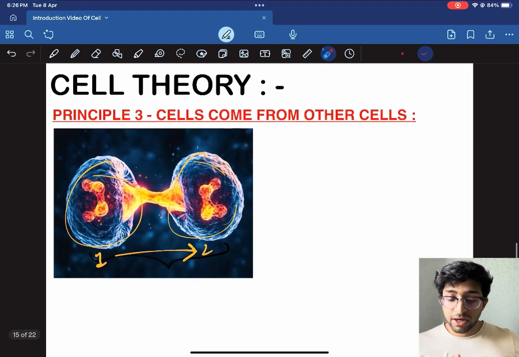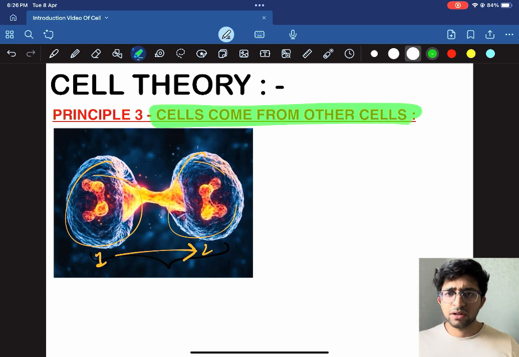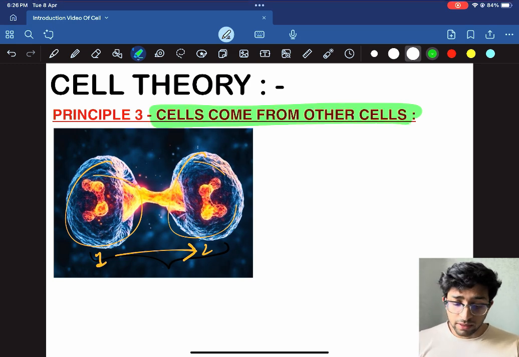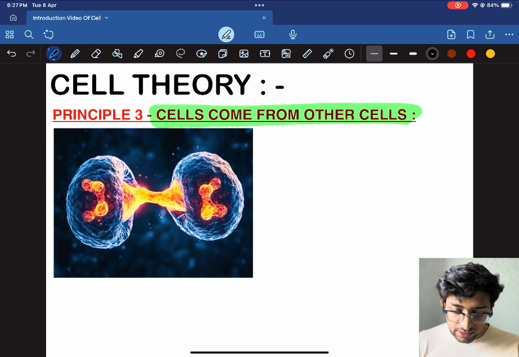The last but not least principle is that cells come from other cells. As I mentioned earlier, cells don't come out of nowhere. As you can see in this image, this one cell is going through a division and forming two cells, right?